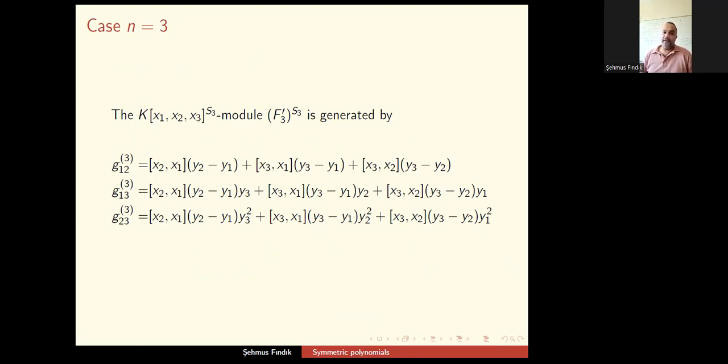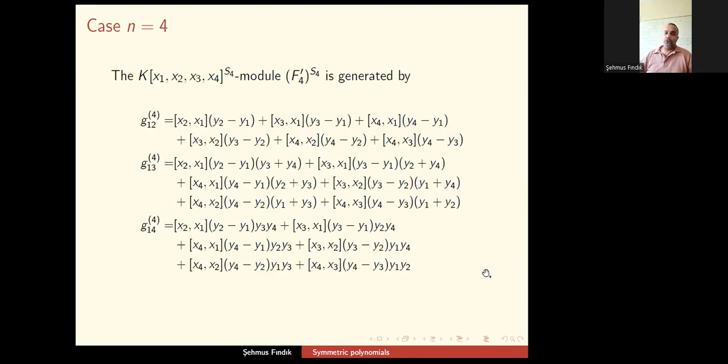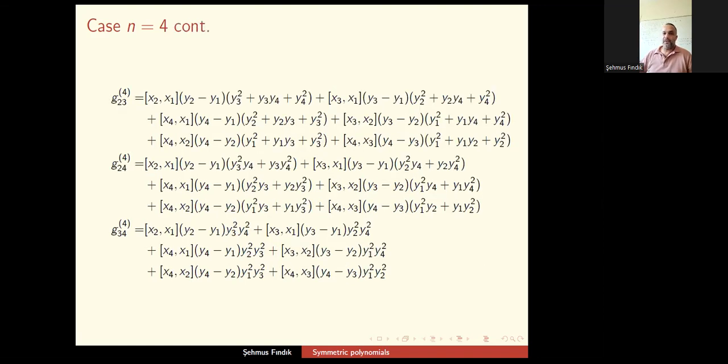But again, they are not algebraically independent. So these are the generators for rank 3. And for rank 4, we have 6 generators, which look in this way. So this is what was done for the free metabelian Lie algebras and their symmetric polynomials. The algebra of symmetric polynomials is generated by all these elements.